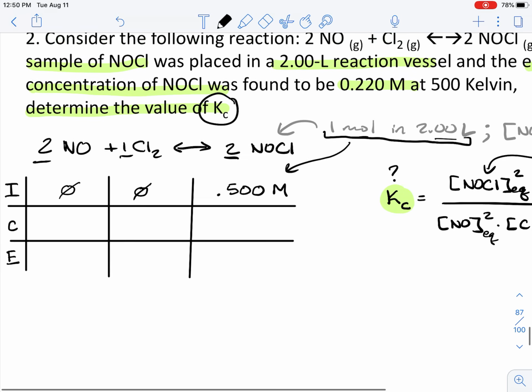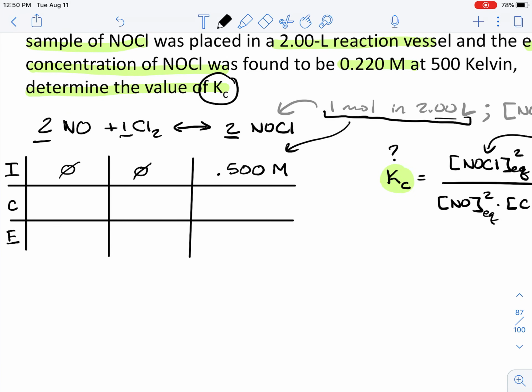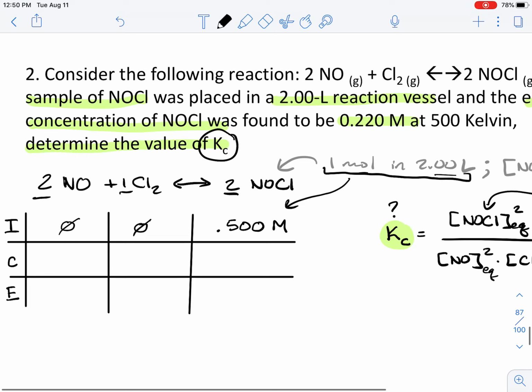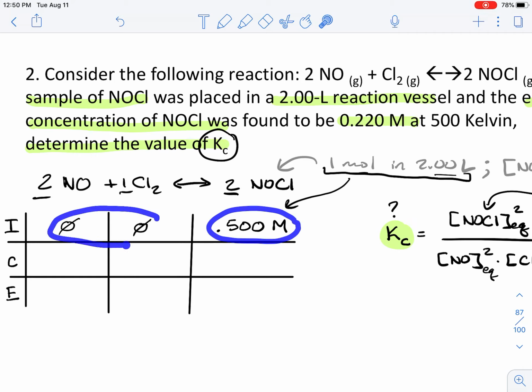All right, now that we have the initial concentrations listed out, let's talk about the change. If we have an initial concentration for product and no initial concentrations for the reactant, how do you think the chemical reaction will shift?